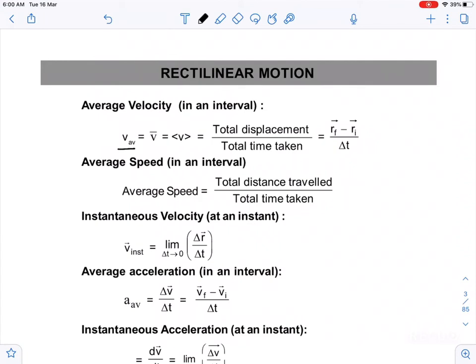So they can ask you, if someone travels from A to D in 3 intervals, A to B and B to C, in this the speed is 20 meter per second, and here 30, and here 40. So you have to calculate average speed or average velocity, depending upon the question. So you should just apply this formula to get the results.